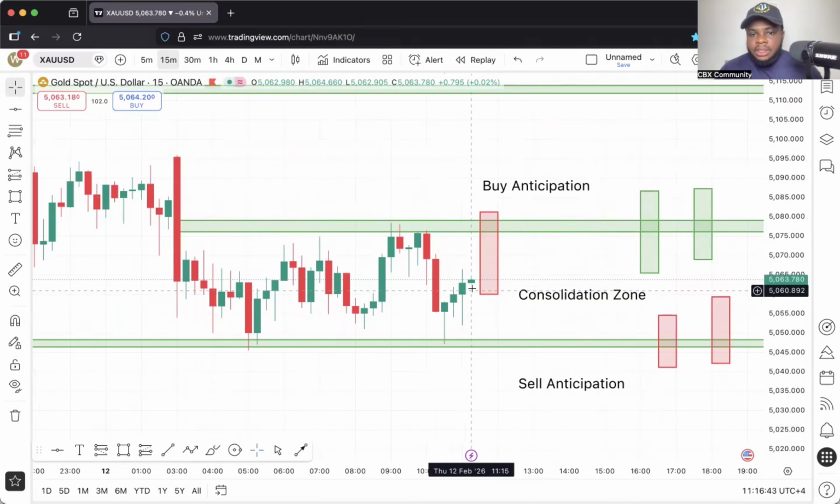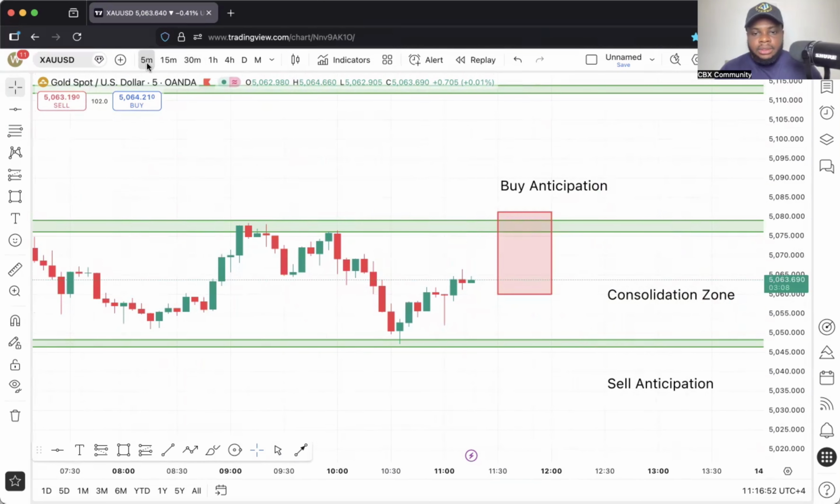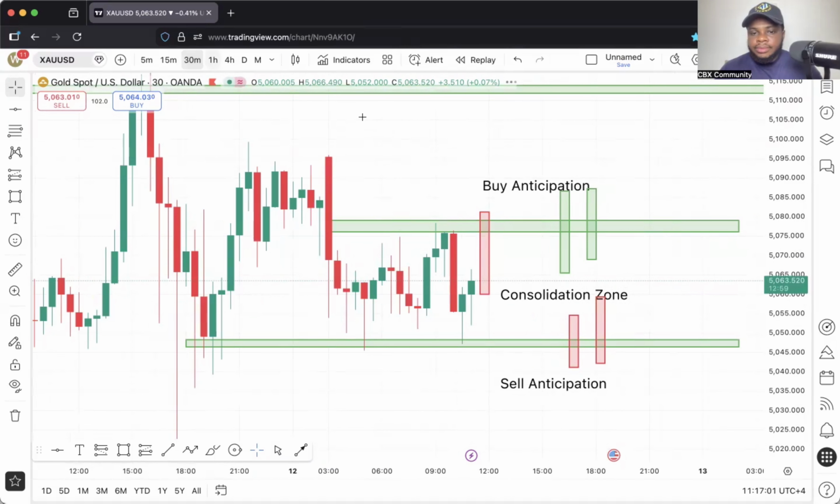So this is the beginning of the next 15 minutes candle. So let's see what this market wants to do. And look at the 5 minutes. This candle closed with a bearish candle. This is the 5 minutes candle. Let's see what the market wants to do.